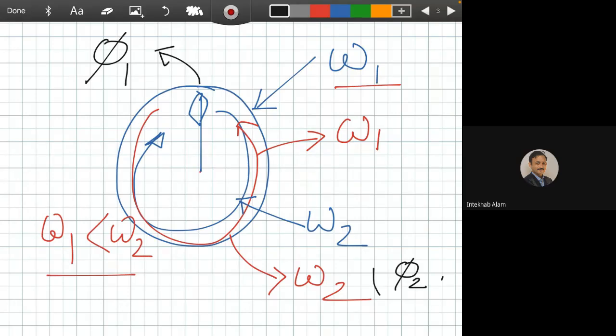If the current is less, then the flux will also be less, because the flux is proportional to the current. So omega 2 will give you relatively less force compared to omega 1. Is it clear?